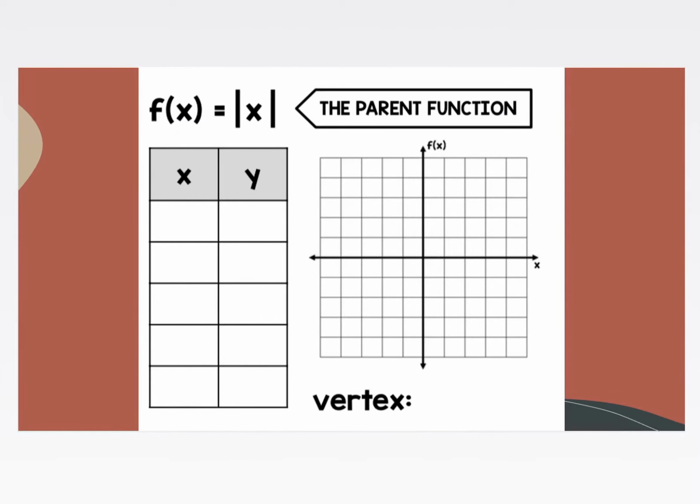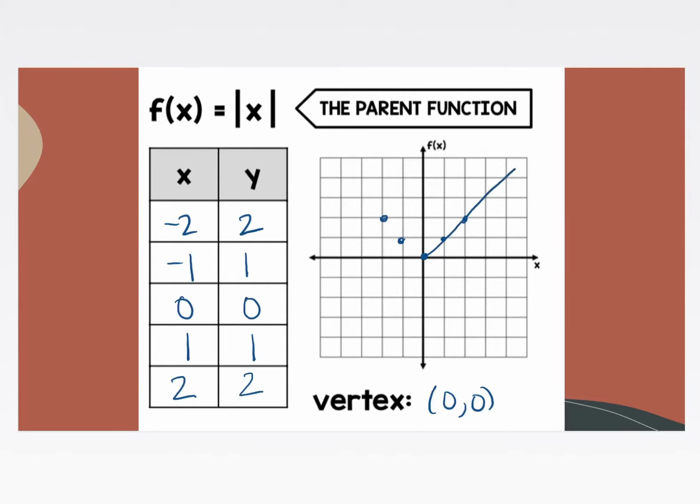Now let's graph the parent function. So again, we were exposed to this parent function in Topic 9. So our parent function will look like this. Our vertex is always at 0, 0. And if we plug in -2, we'll get out 2. If we plug in -1, the absolute value of -1 is +1. If we plug in 0, the absolute value of 0 is 0. If we plug in +1, the absolute value is +1. And if we plug in +2, the absolute value is +2. So now we can graph this on our coordinate grid.